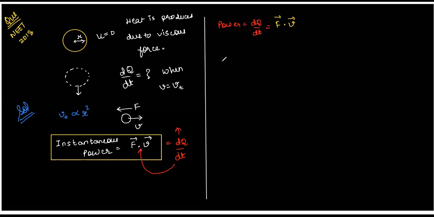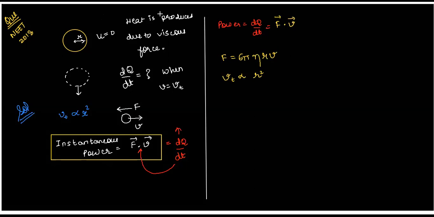Now, do you know the expression for viscous force? 6 pi eta RV. Now this terminal velocity expression is directly proportional to R square. In the question it does not directly say the expression for rate of change of heat.